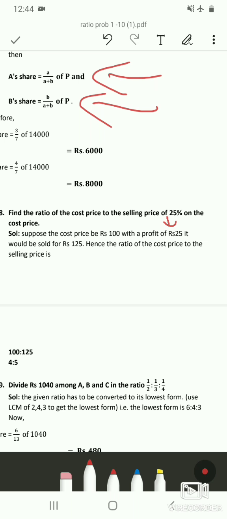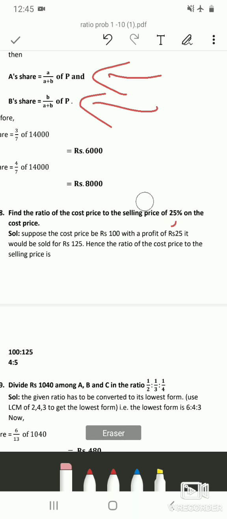Hence the ratio of the cost price to the selling price is 100:125, because we have taken the cost price to be 100 and the selling price is 125. Try to reduce it to the lowest form, which is 4:5.